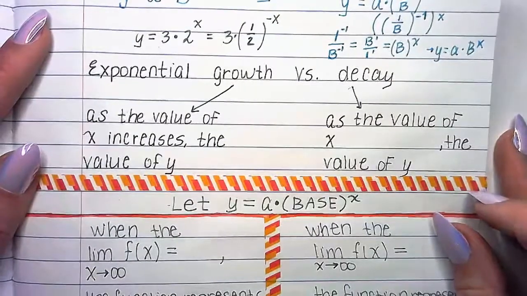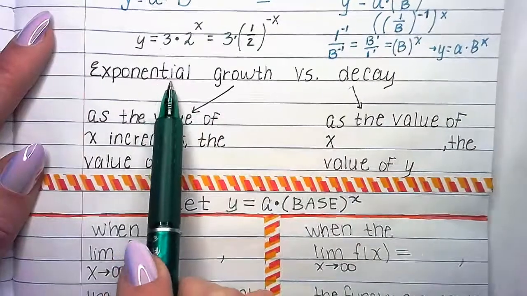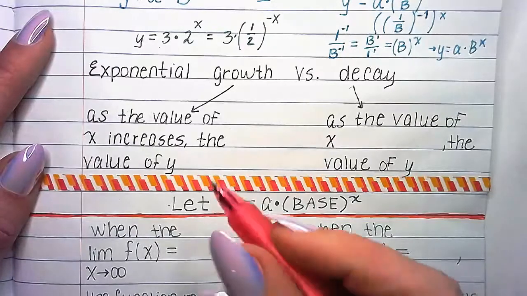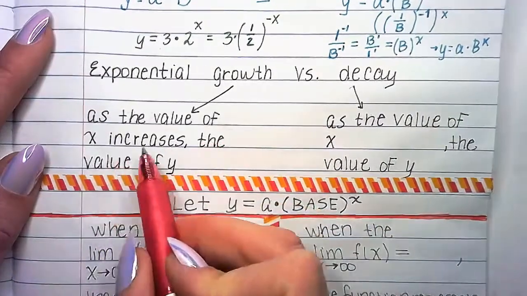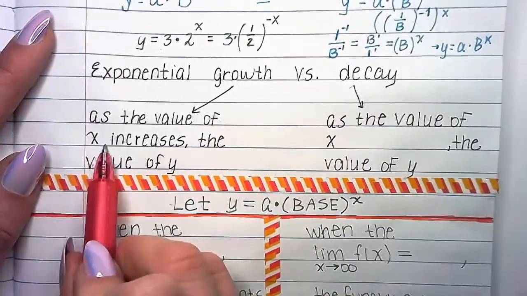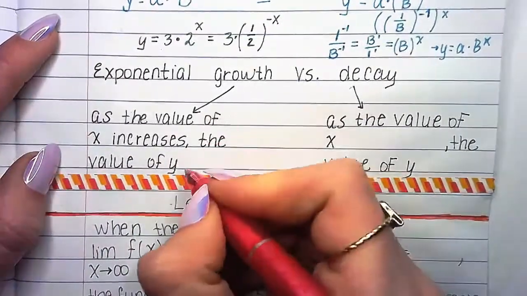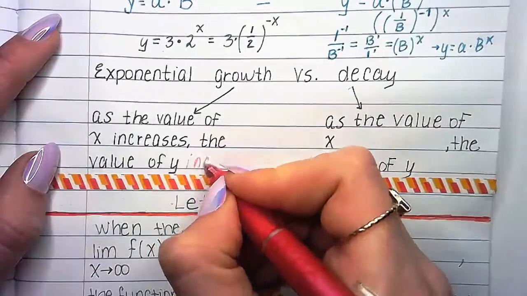Exponential growth versus decay. What is exponential growth? As the value of x increases, so that means we're going to the right, the value of y, well, if it's exponential growth, it increases as well.